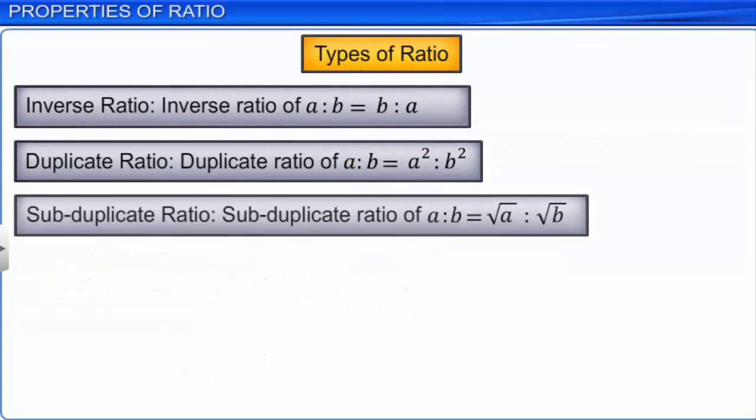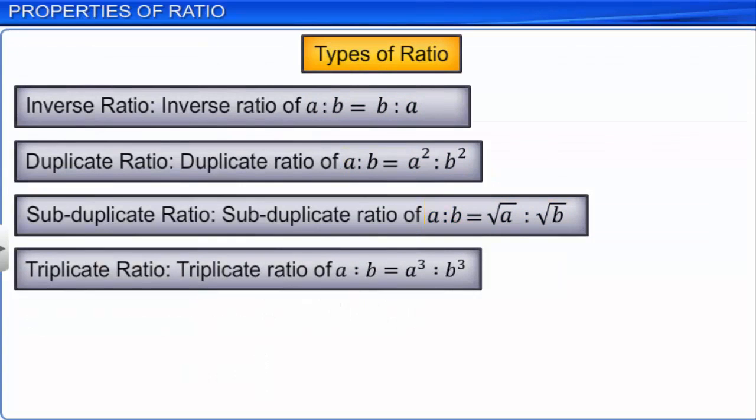The ratio formed by the square roots of the terms of a ratio is called the subduplicate ratio of that ratio. For example, the subduplicate ratio of A:B is square root of A:square root of B. The ratio formed by cubing the two terms of a ratio is called the triplicate ratio of that ratio. For example, the triplicate ratio of A:B is A³:B³.